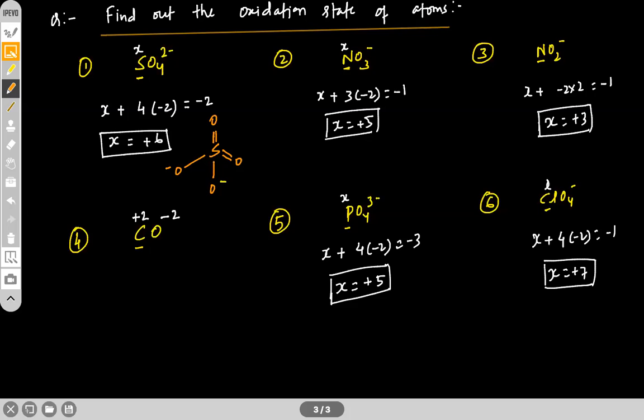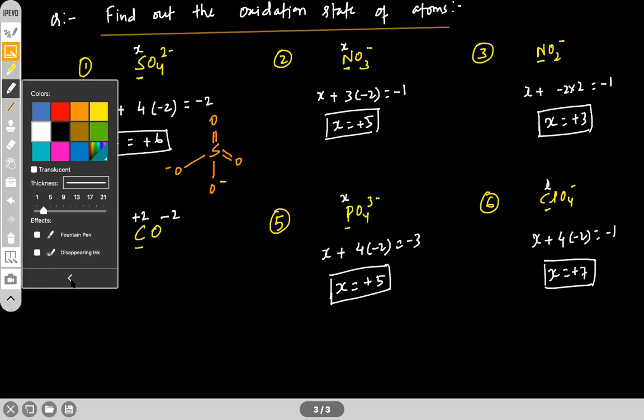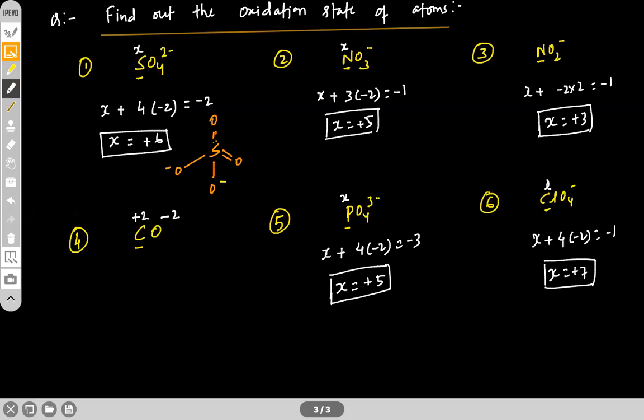Now the thing is how to find out the oxidation state with the given structure. Like I told you last class also, for each bond we have one negative charge to the more electronegative atom and one positive charge to the less electronegative atom.